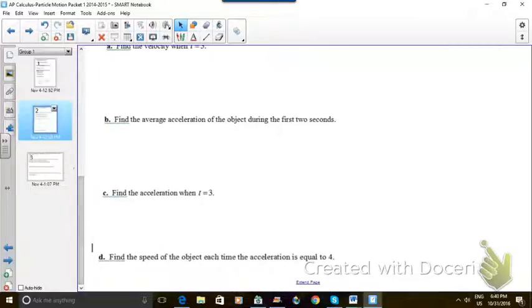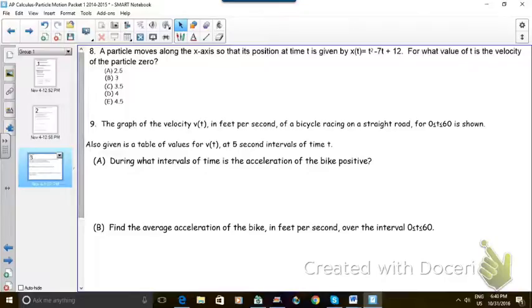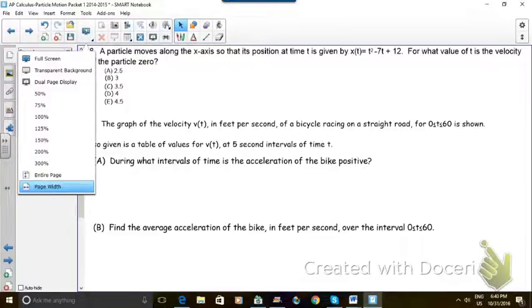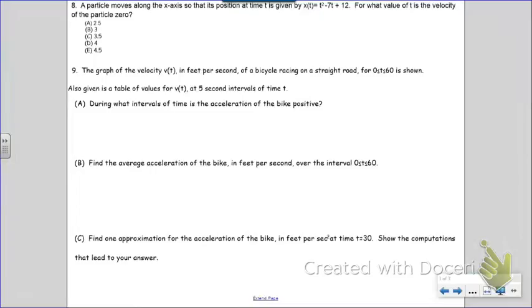Alright, moving on to question number 8. Particle moves along the x-axis, position is given. For what value of t is the velocity of the particle equal to 0? Find the velocity function first.